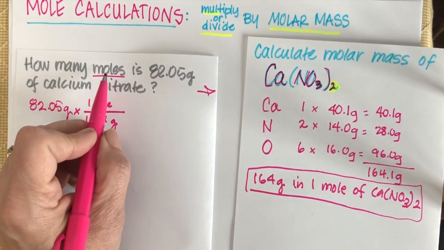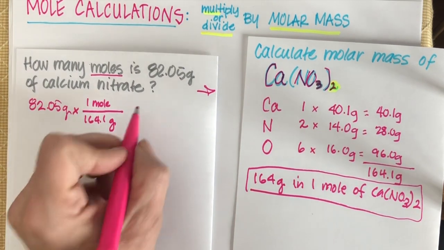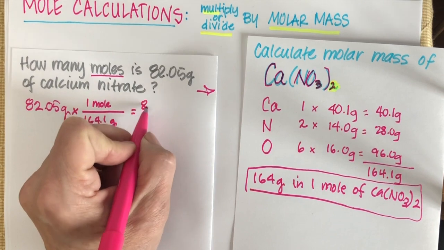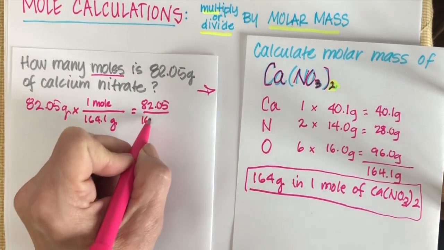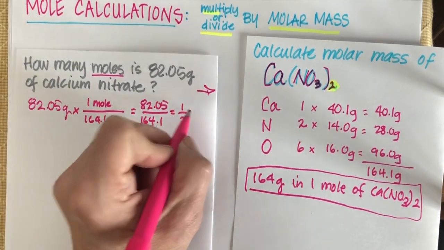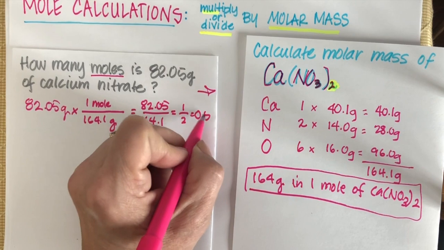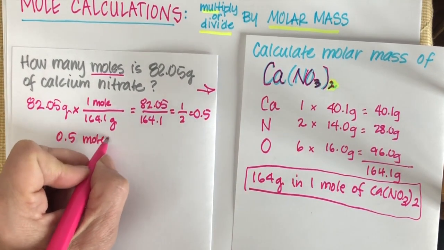And whatever quantity I'm looking for, I have on the top of any conversion ratio. What math is that? 82.05 over 164.1. That equals 1 over 2, or 0.5. So this is 0.5 moles.